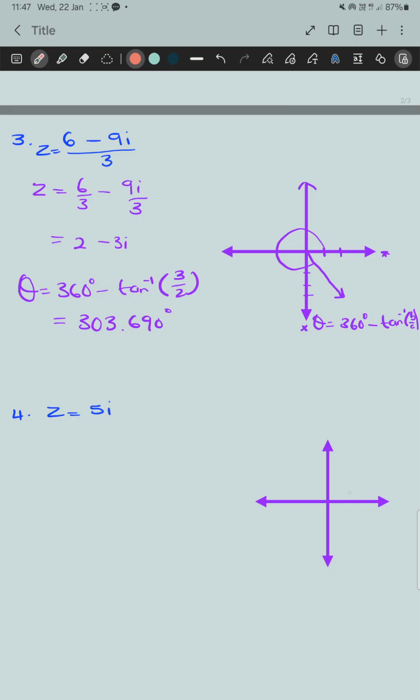My imaginary is 5, so I'm going to have 1, 2, 3, 4, 5, just a 5 there. So my arm is going to be straight on the axis. If you can look at it, it's directly at 90 degrees. So my angle is like this, directly at 90 degrees. So in this case, I can simply say my theta equals a perfect 90 degrees.